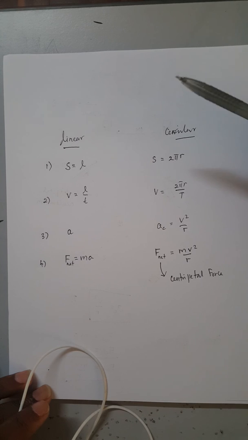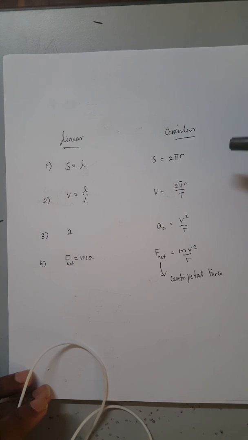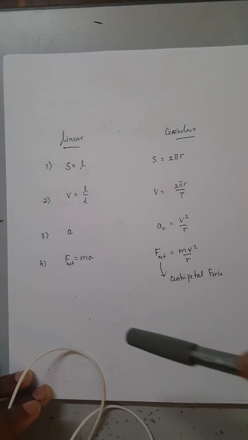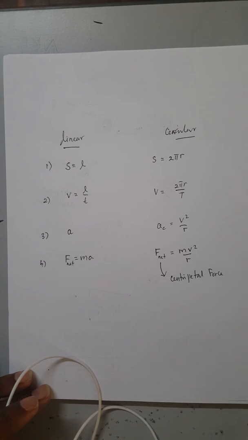In the next few lessons, first we look at horizontal circular motion, which means the object moves in a horizontal circle.